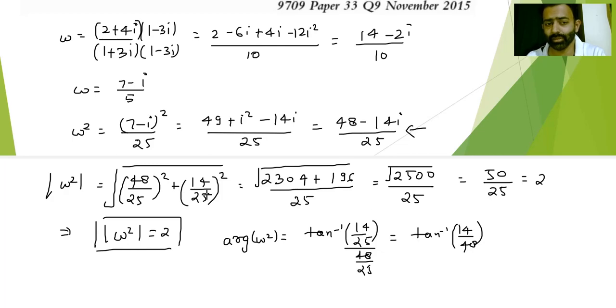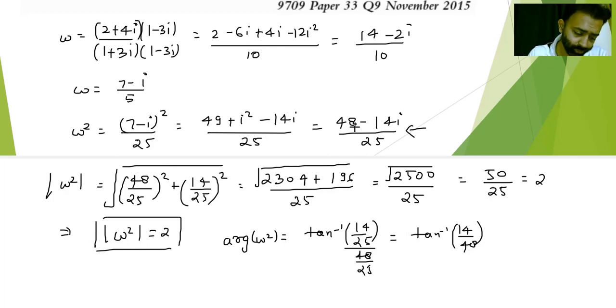In the original complex number, we have 48 minus 14i. The minus sign means that the imaginary portion is below the x-axis, right? The real part is positive, the imaginary part is negative. That means it is in the fourth quadrant, right? So we will write the answer as a negative angle, right? This is just the principal value.